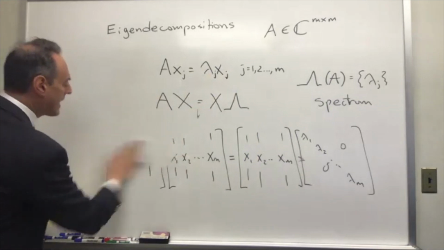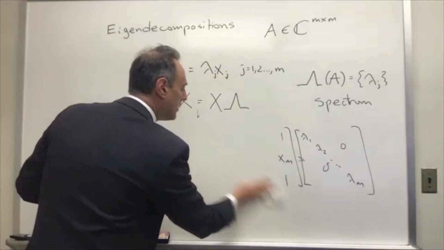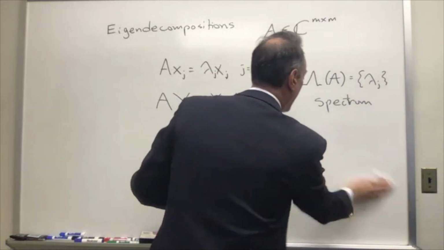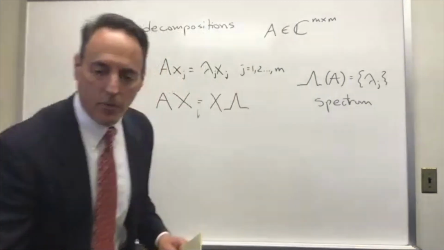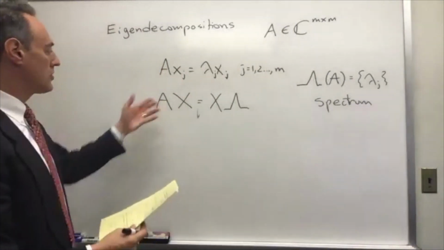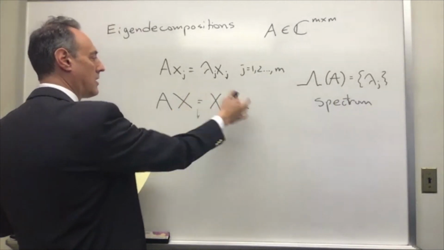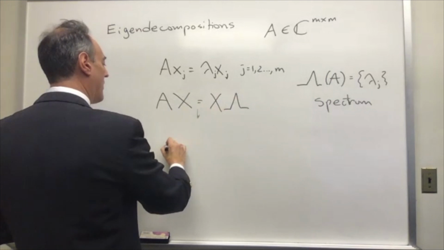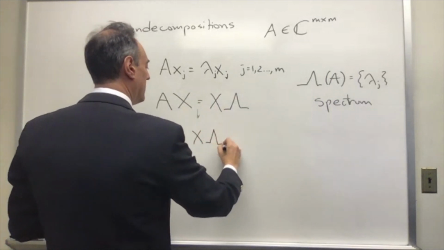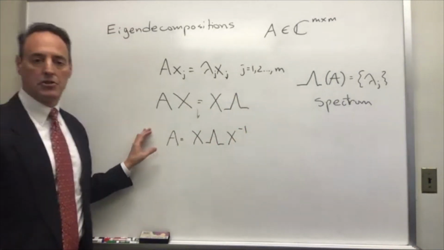So this is going to get us to an important point here, and this is why you've probably seen eigenvalues and eigenvectors before. Because now, once you have this, notice what you've got here. If I multiply by the inverse of x on both sides, then I have A is equal to this decomposition here.